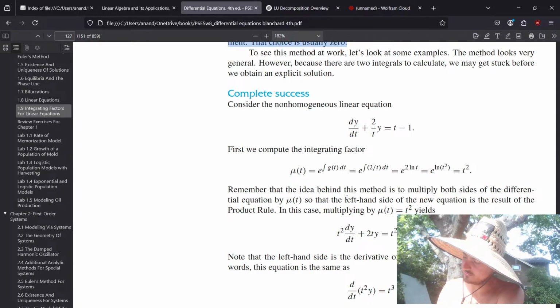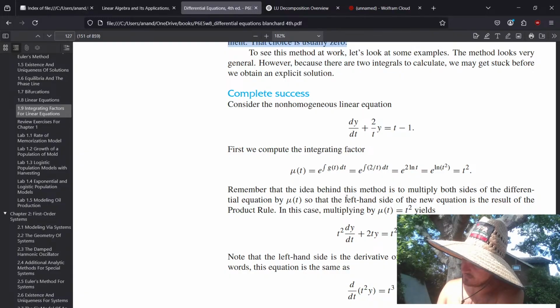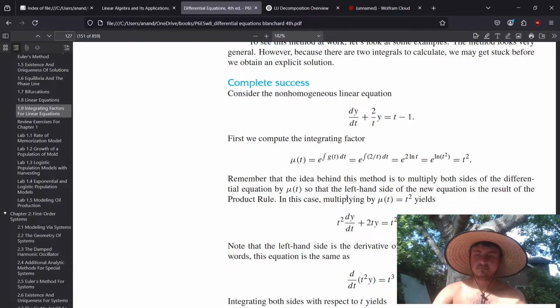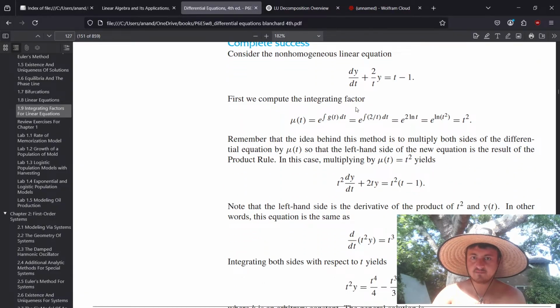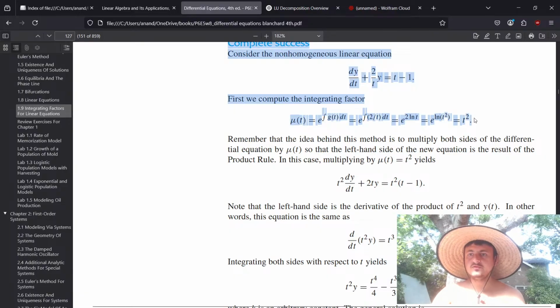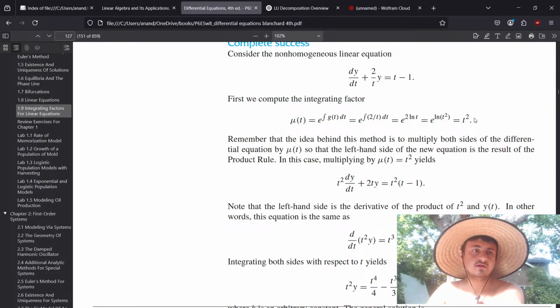So this is equal to exp of ln t squared, and the ln and the exp cancel, and you get just u of t is equal to t squared. U of t equals t squared.